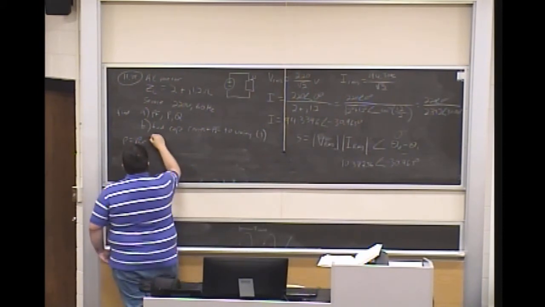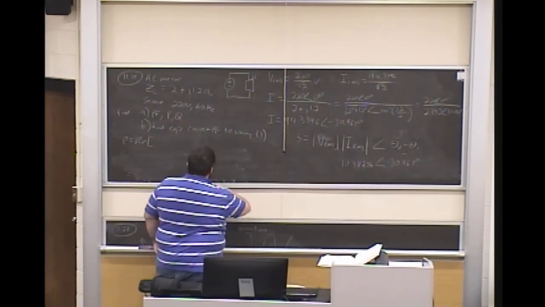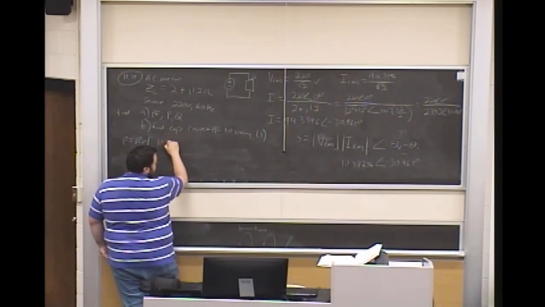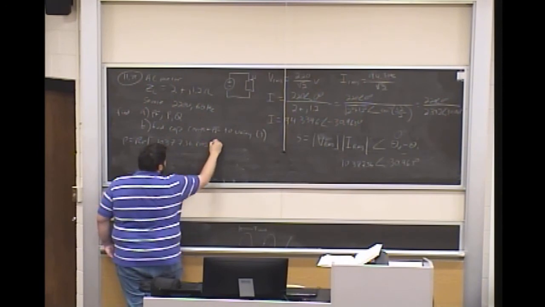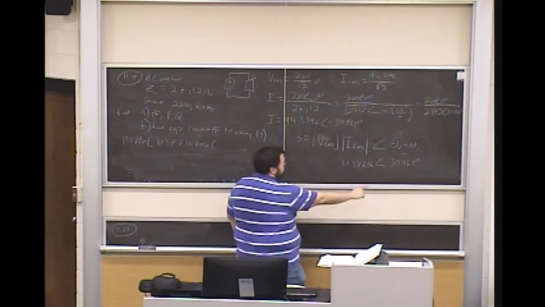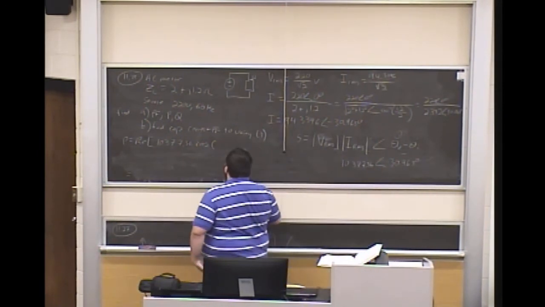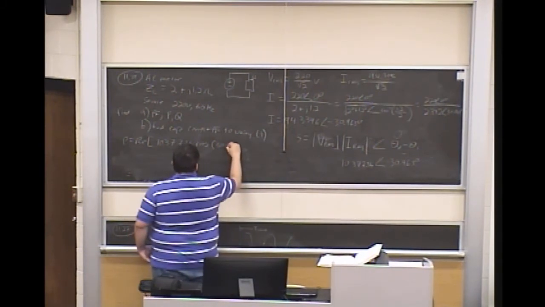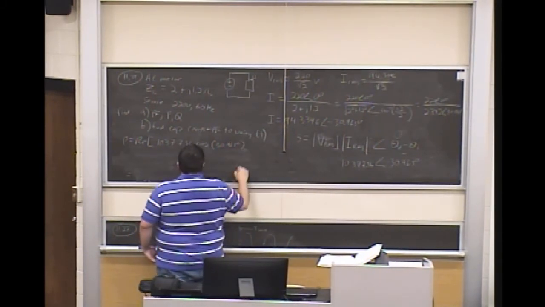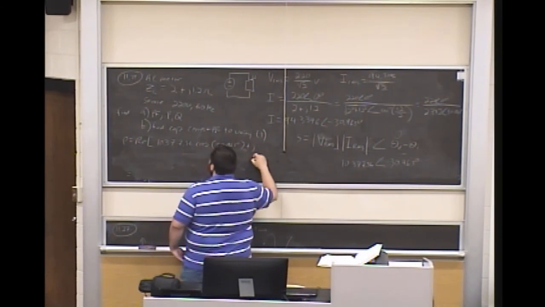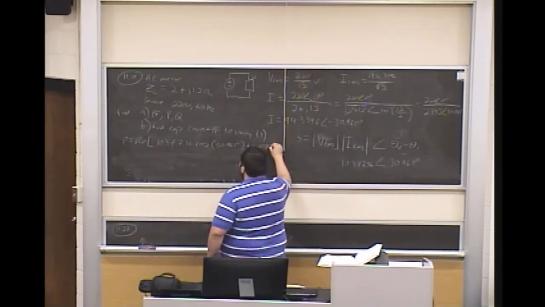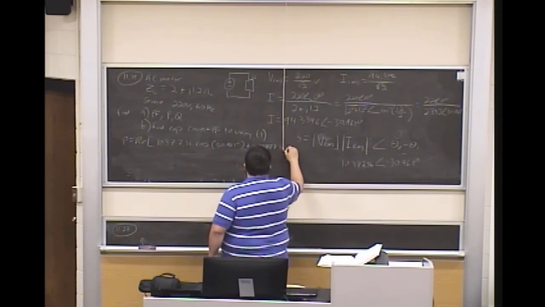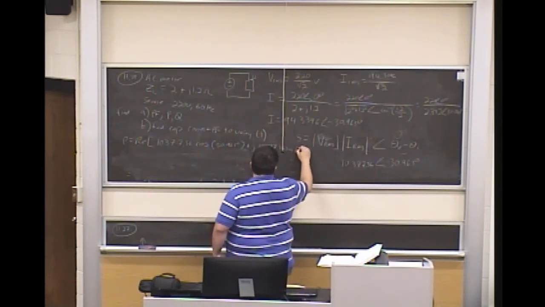So that's the real part of 10,377.36 cosine of this angle, 30.963, plus J times 10,377.36 sine of 30.963.